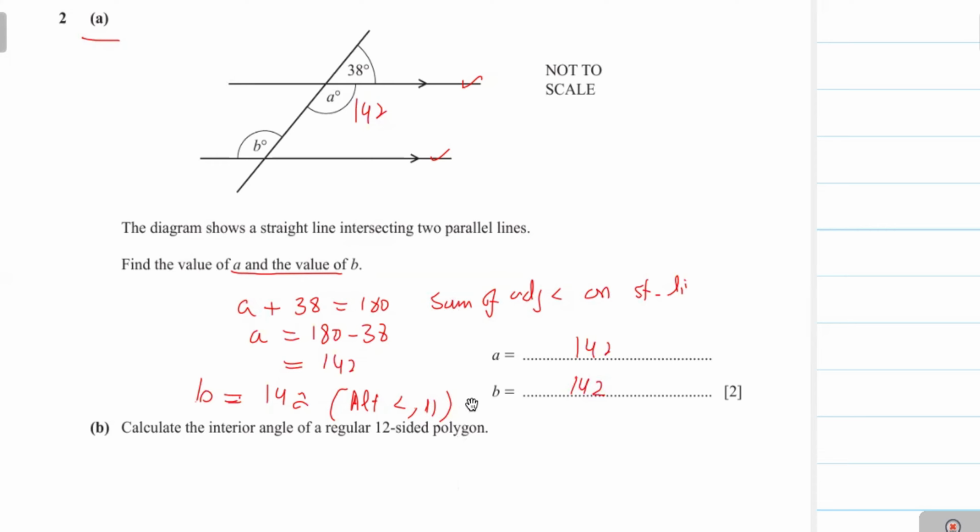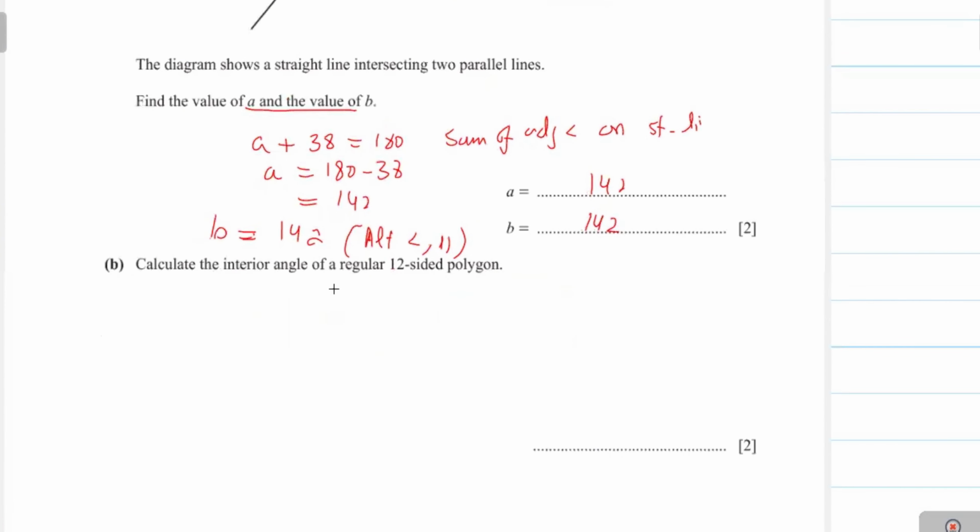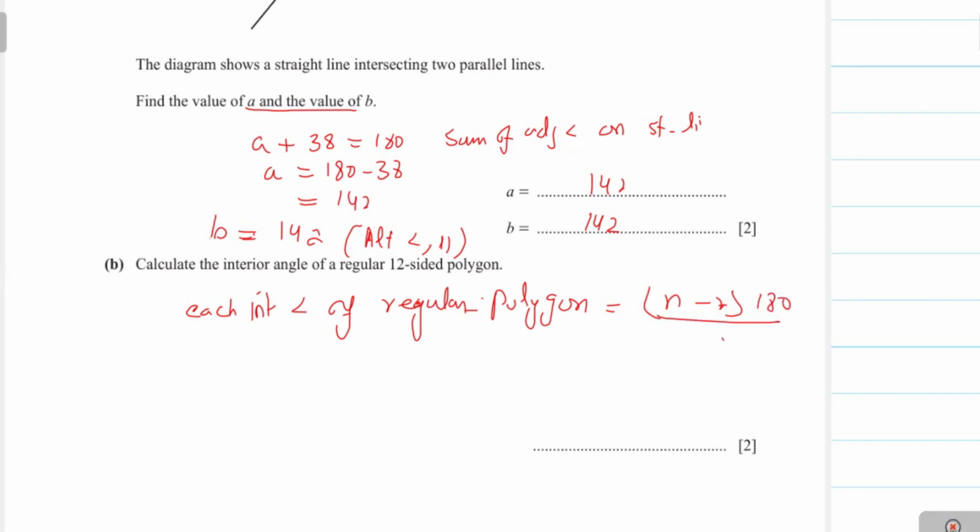Part B, calculate the interior angle of a 12-sided polygon. The formula of each interior angle of a regular polygon will be equal to n minus 2 into 180 over n, where n is the number of sides.